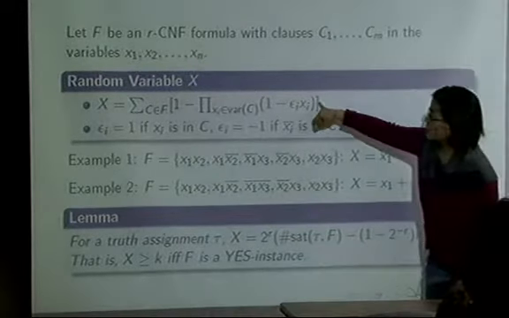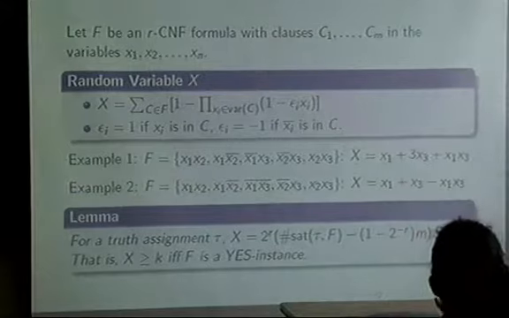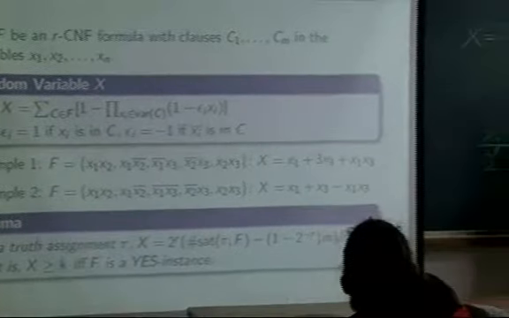If you simplify this polynomial, then it will be of the following form.